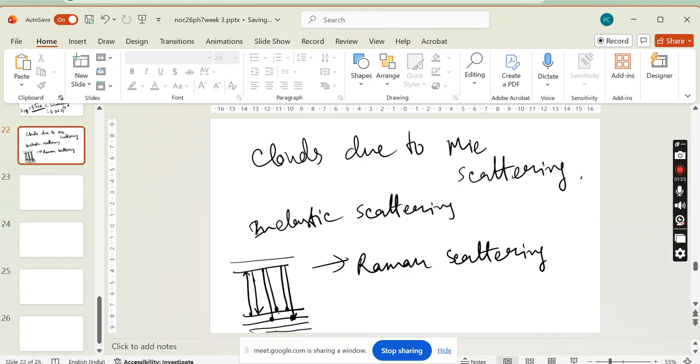So here the photon is gaining energy, and in this case, it is losing energy.